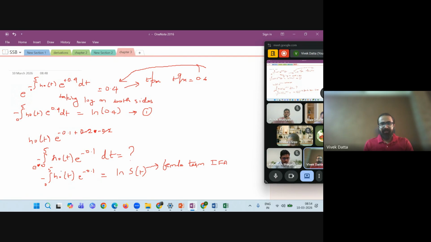So can I not replace this value with this? So integration 0 to 5 h naught t dt is equal to ln of 0.4 into, if I'm taking it on this side, it becomes e raised to minus 0.4.